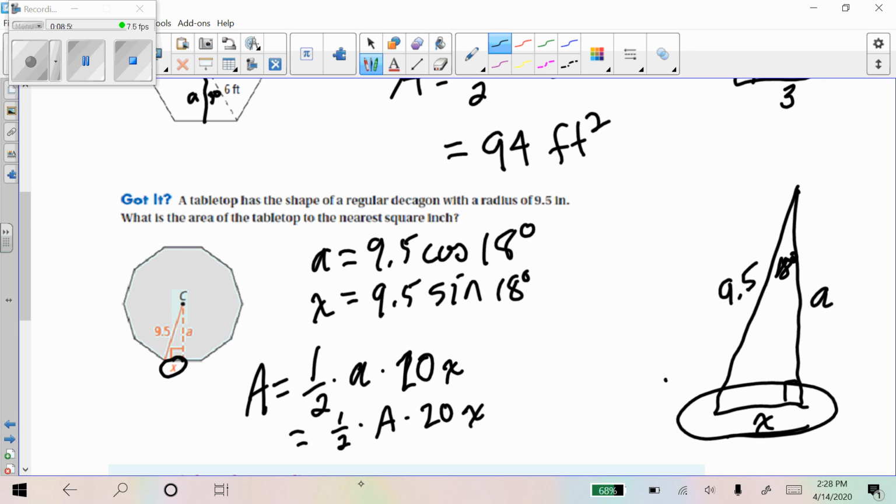Since there's 10 sides, I need 20 of those x's to make up the perimeter. So this here is the perimeter. And when I did that, this is as accurate as I can get it, and I want to round it to the nearest square inch. If you did that correctly, you got 265 square inches.